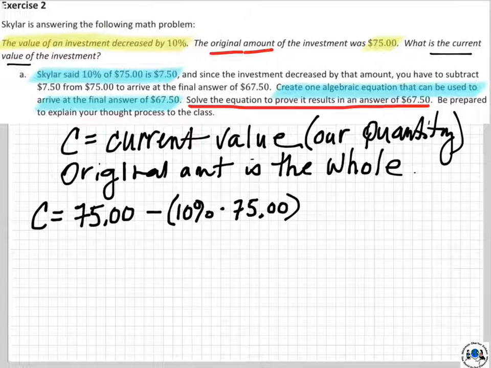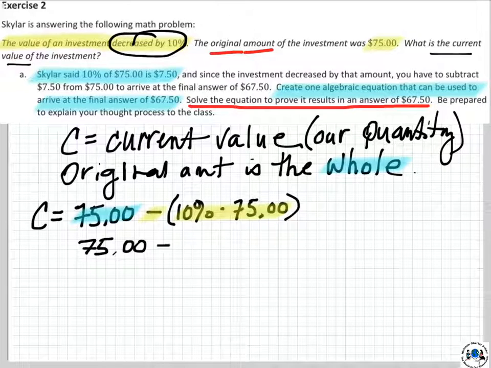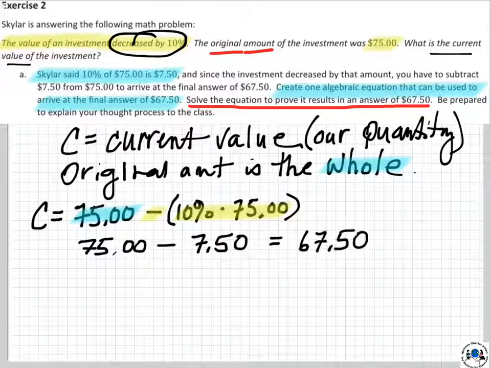Now we could do it that way. Is this the most efficient way? Probably not. We'll look at it this way first. So we have 75 minus 750, which is 10% of 75, equals 6750. So we've solved it with that equation.